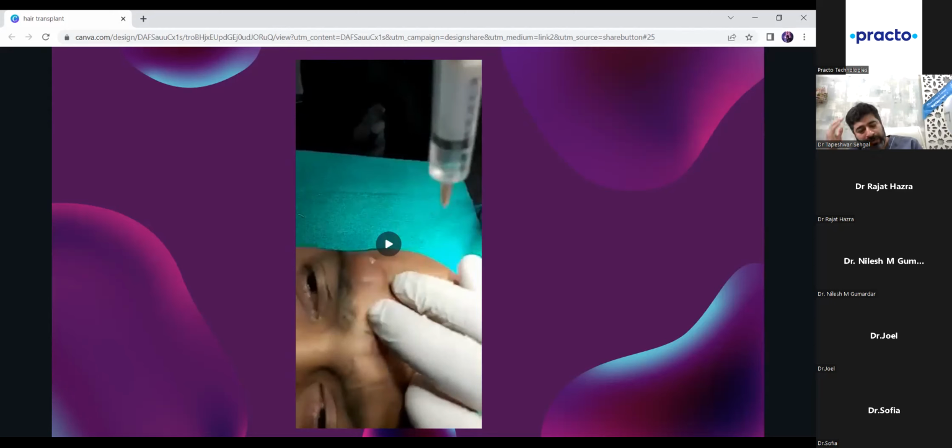So this reduces the pain. Now you can add the tumescent anesthesia.